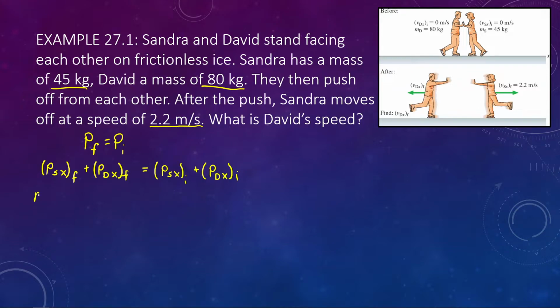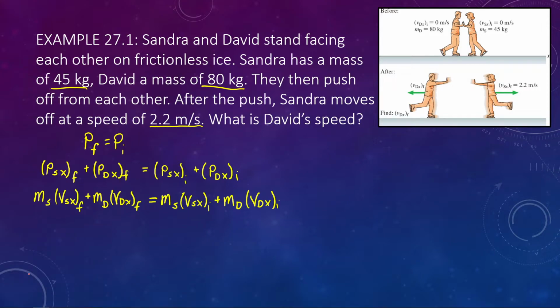So this becomes the mass of Sandra times the velocity of Sandra in the x direction, final, plus the mass of David times the velocity of David in the x direction, final. Right? Because remember, momentum from our last lecture is mass times velocity. So then this is equal to the mass of Sandra times the velocity of Sandra in the x direction initial, plus the mass of David times the velocity of David in the x direction initially.